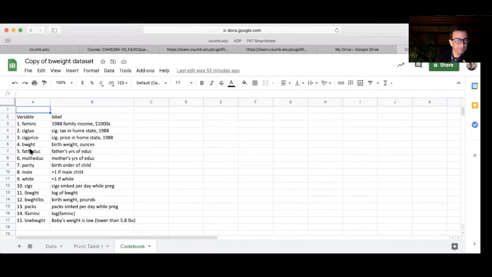And they have the birth weight in ounces, the father's education, the mother's education, what order the child is, the first, second, third child, etc., the gender of the child, the baby's race, the number of cigarettes that a mother smoked per day while pregnant, the natural logarithm of birth weight, the birth weight in pounds, the number of packs of cigarettes smoked a day while pregnant, the log of family income, and this dichotomous variable that says low birth weight.